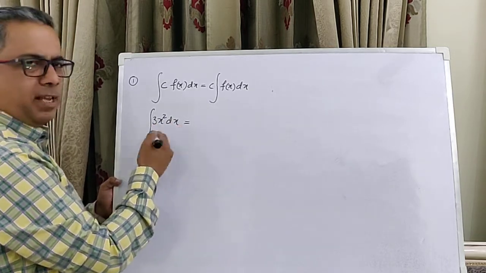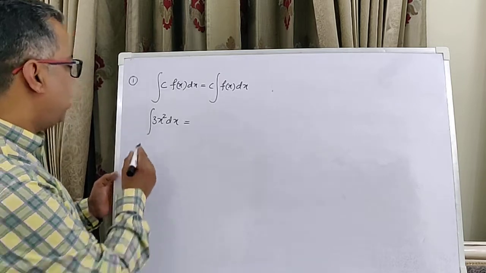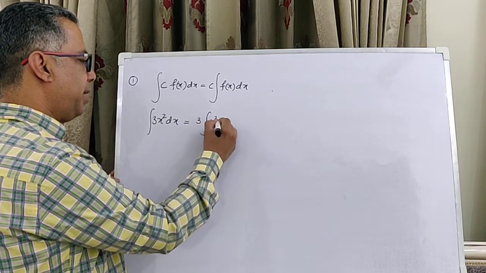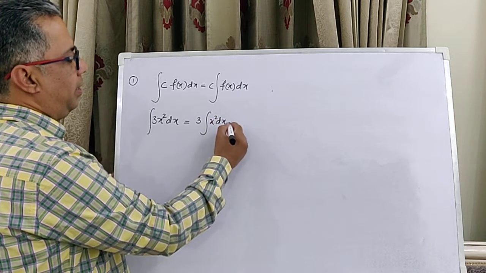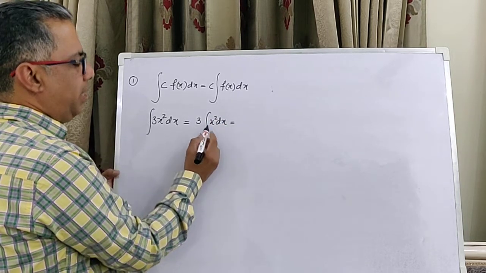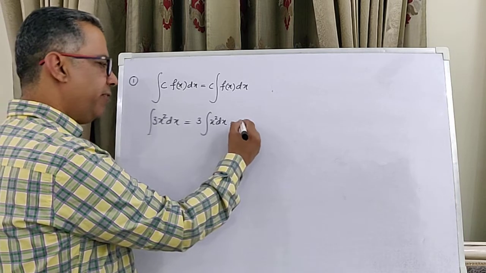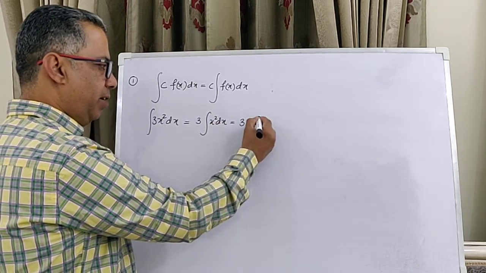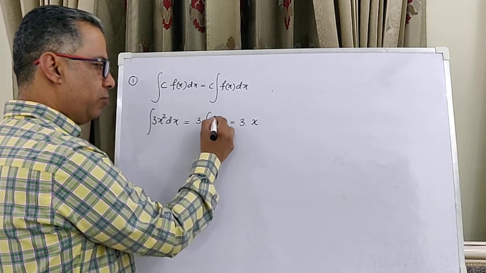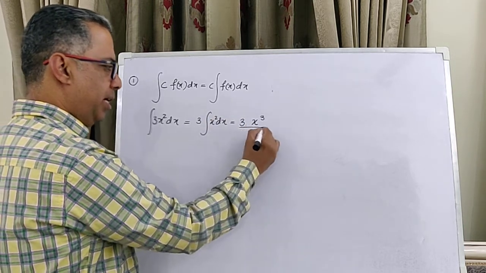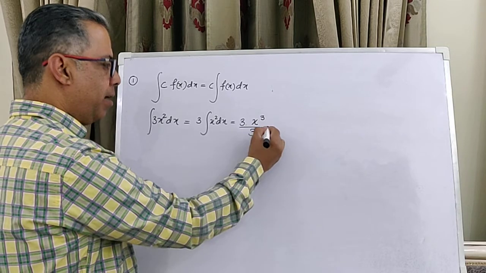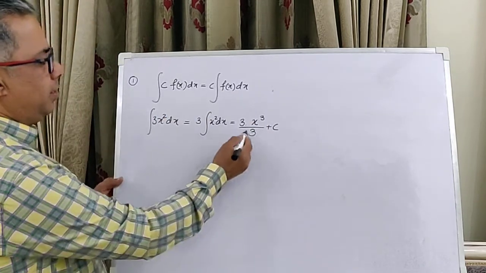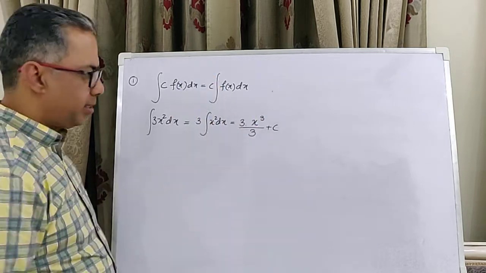This was the example we were just discussing. So 3 comes out and we now have x squared dx, and on integration, x to the power 2. Now when we integrate, what's done is we increase the power by 1, so 2 plus 1 becomes 3, and we divide by the increased power and add an unknown constant. So 3 cancels and you have x cubed plus c.